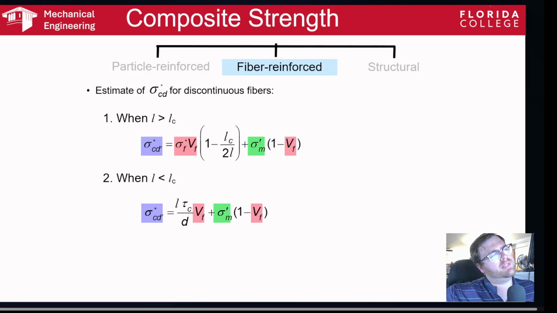Okay, so we can estimate the strength of these composites for the discontinuous fiber system. When the length of our fibers is greater than the critical length, the strength of the composite is equal to the fracture strength of the fiber multiplied by the volume fraction of that fiber multiplied by 1 minus the critical length over 2 multiplied by the actual length, plus the critical stress of the matrix multiplied by 1 minus the volume fraction of the fiber.